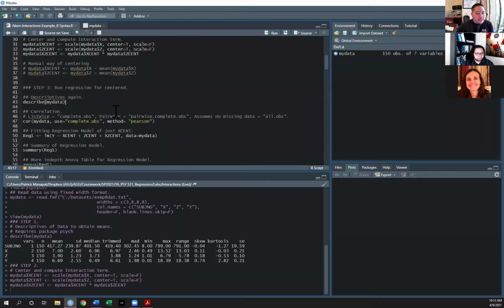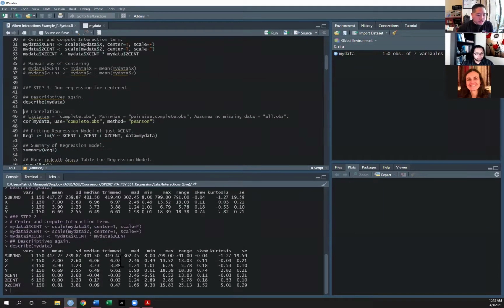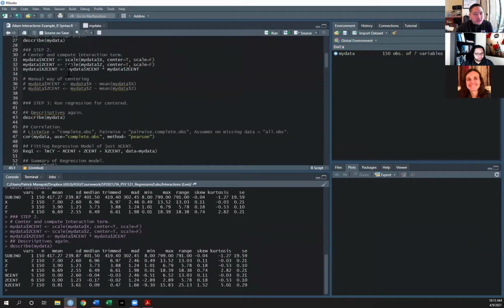Now we can run descriptives again. And as you can see here, the means now of xcent and zcent are 0, which is what we want. The mean of the interaction term is 0.81, but that's not supposed to be 0. Another neat thing about centering your variables is that, to get the interaction term, we multiply the 2 variables together.